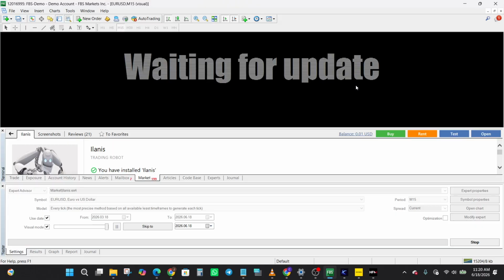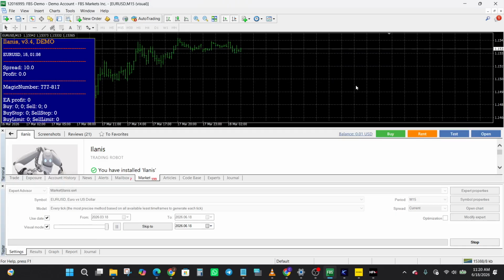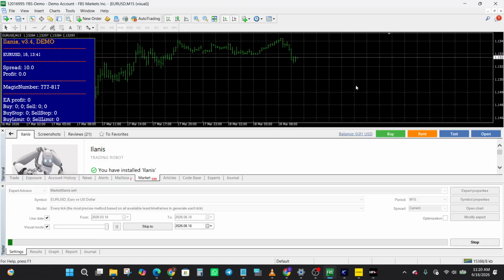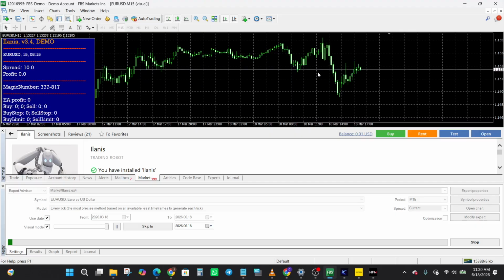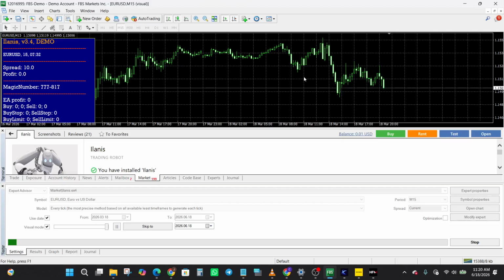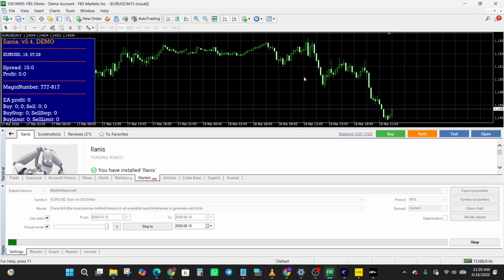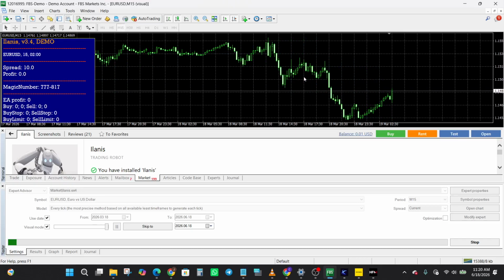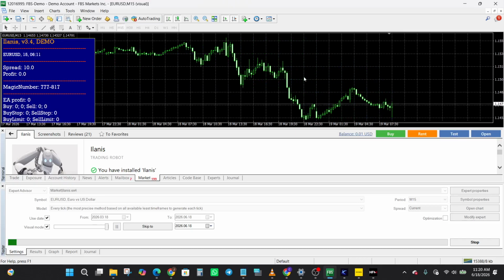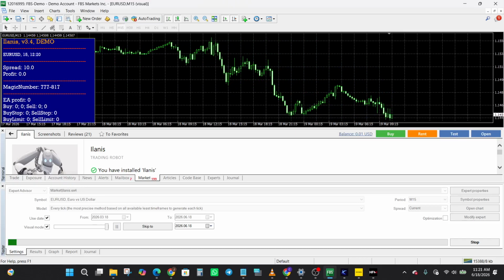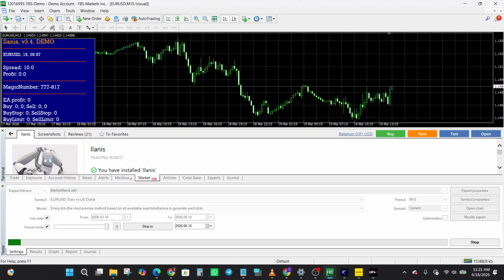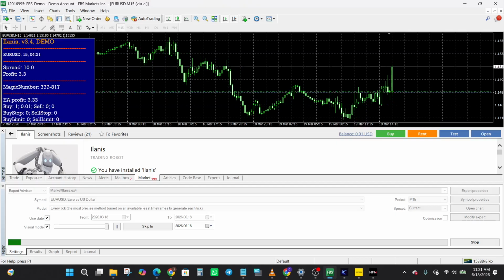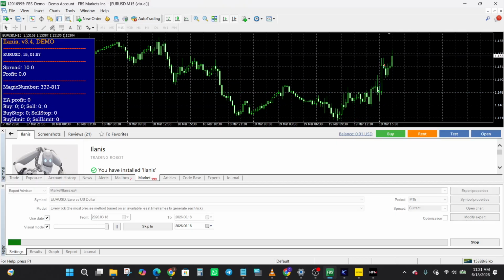Looking at the chart history, the marketplace description indicates that entries are generated using the FourAverage indicator, while position management relies on averaging techniques. Now, the historical activity can help us observe how trade series developed, how additional positions were managed within those series, and how the EA responded during different market phases.